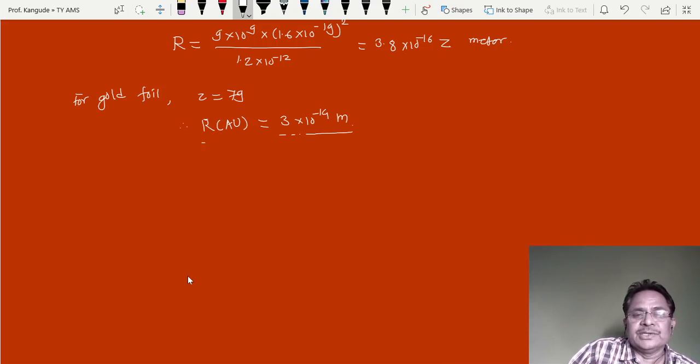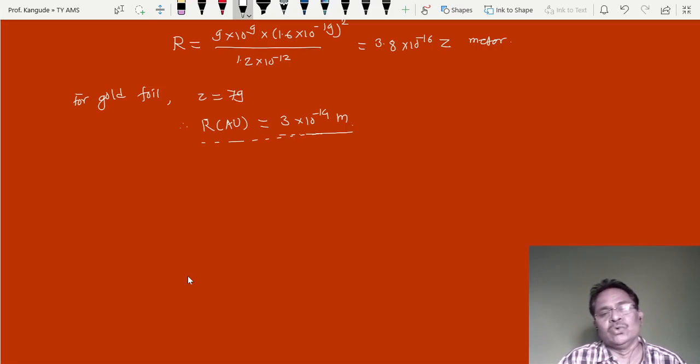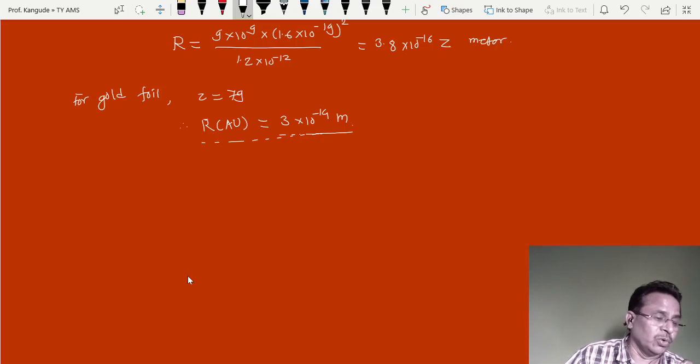So this is the estimation by Rutherford, who estimated for the first time the size of the nucleus of gold. Based on this Rutherford experiment, he could prove the radius of the nuclei of the gold atom is almost 3 into 10 raised to minus 14 meters.